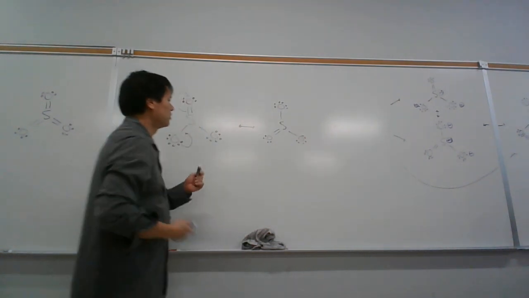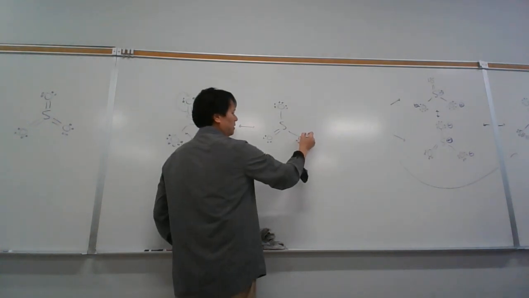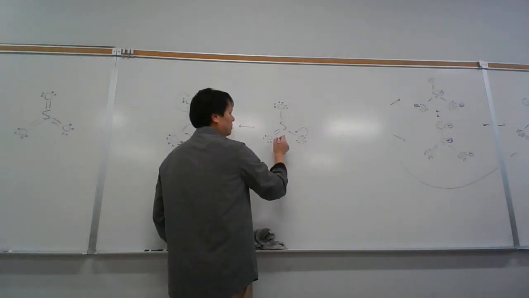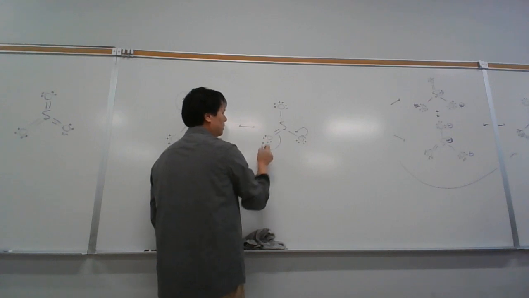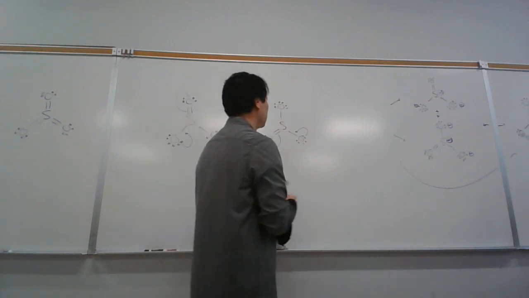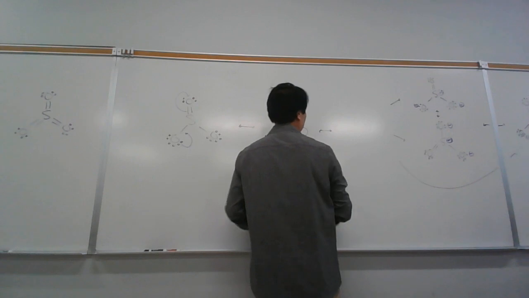The third resonance form we can form just by taking this lone pair, making a double bond here, and then kicking this pair out here, making that a single bond. So we end up with this.